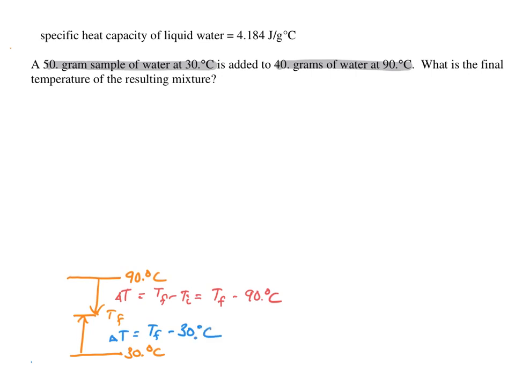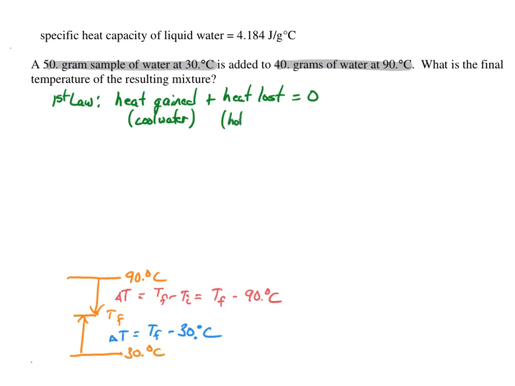So now we go to the first law, which means our energy is conserved. We have heat gained plus heat lost is equal to 0. The cool water is gaining heat, and the hot water is losing heat.